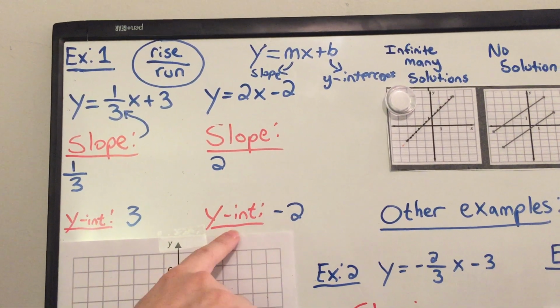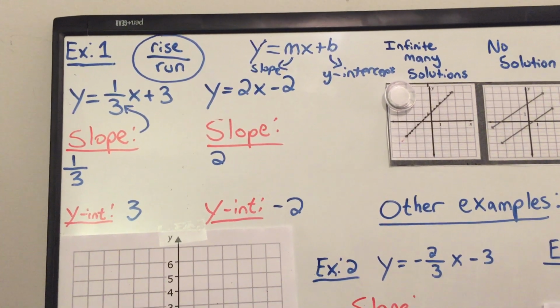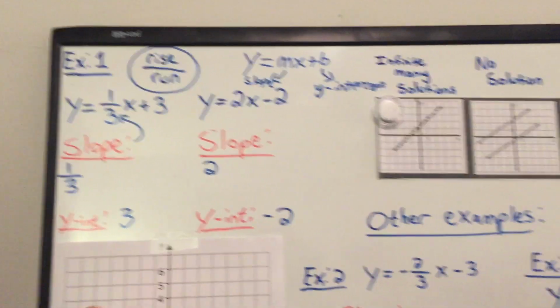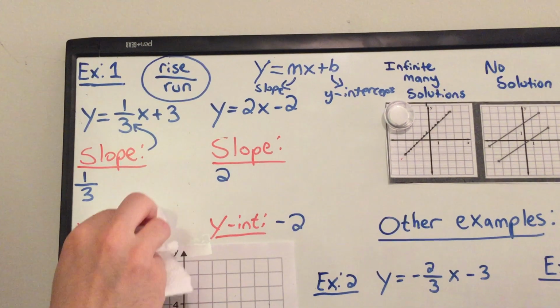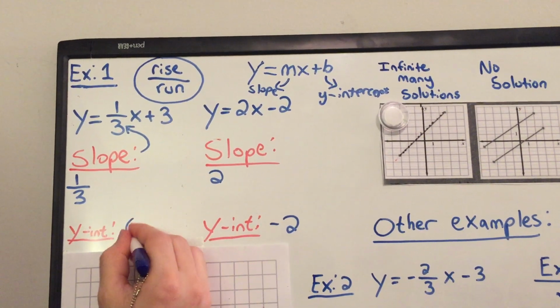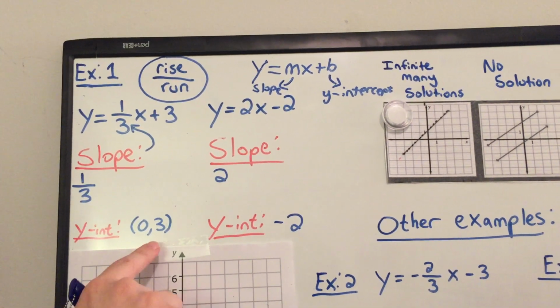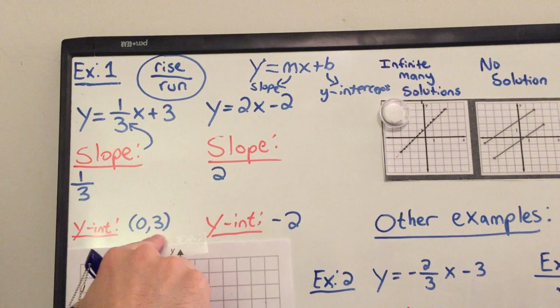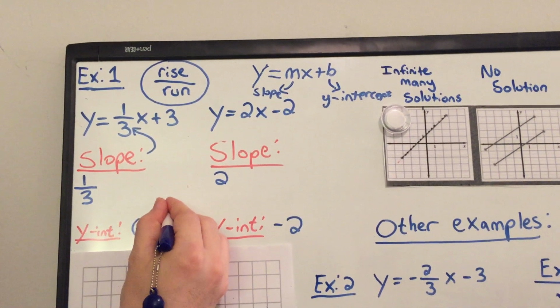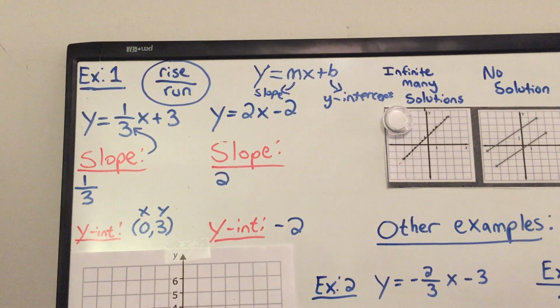When you talk y-intercepts right here, we actually want to put it in a coordinate form. I don't want to just write 3 because 3 could mean anything. It is actually going to be the coordinate 0, 3, because it's where it's going to cross the y-axis. My y-intercept goes where my y would go in my coordinate, and then my x is going to be 0.